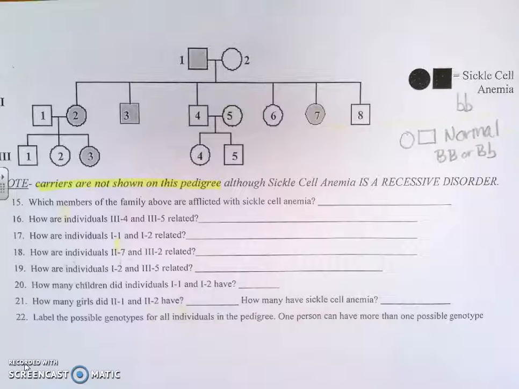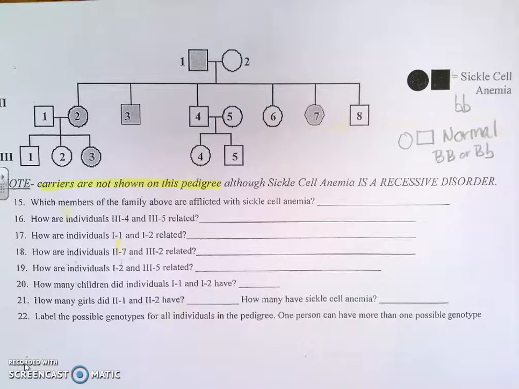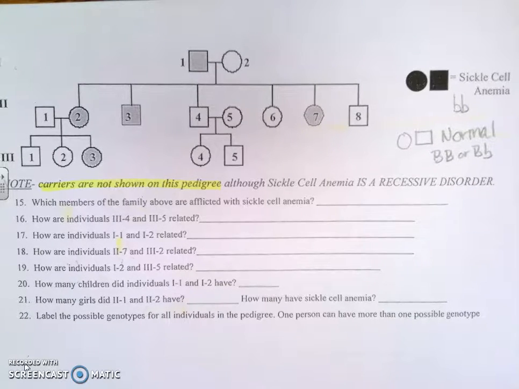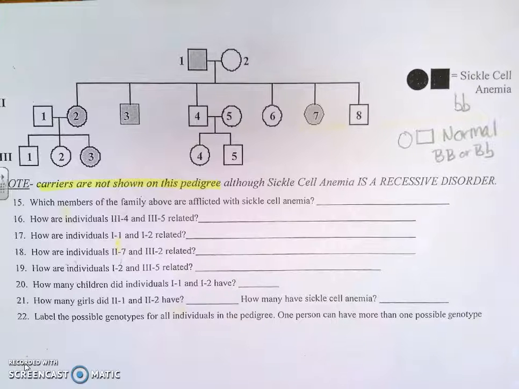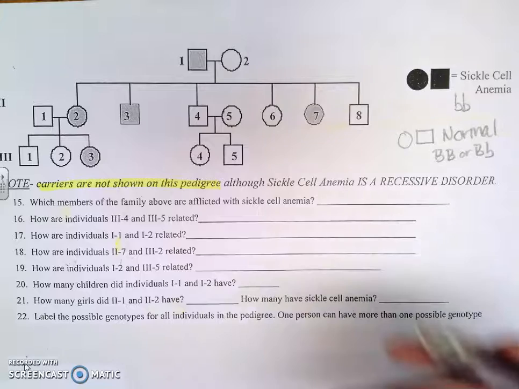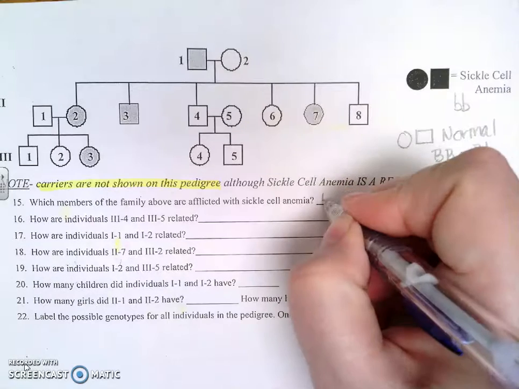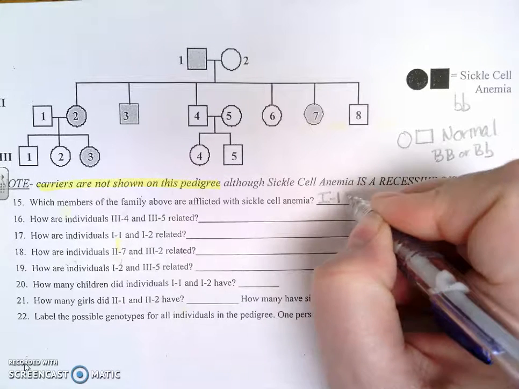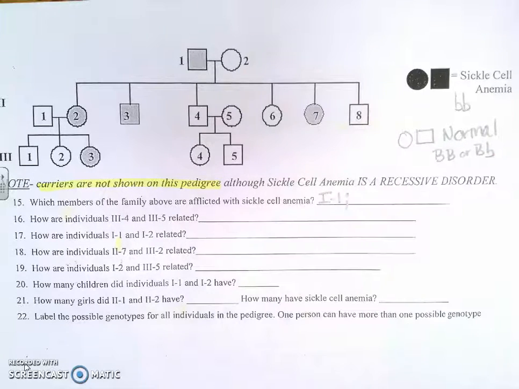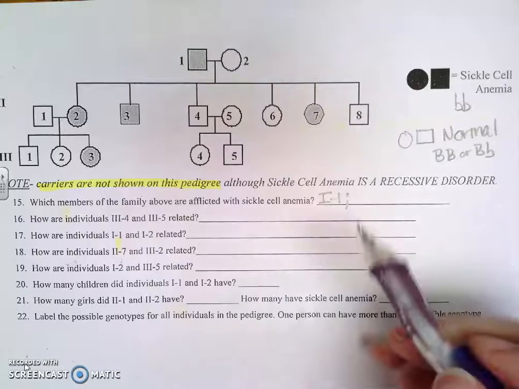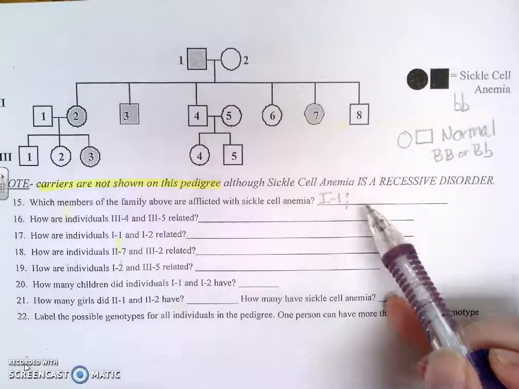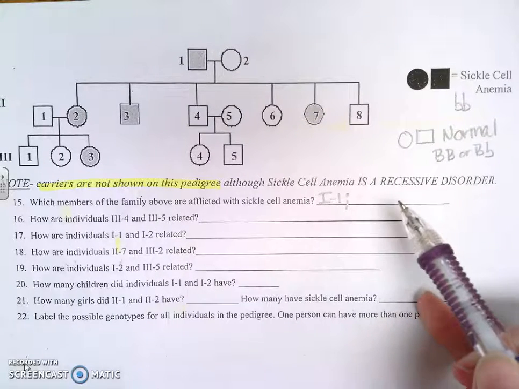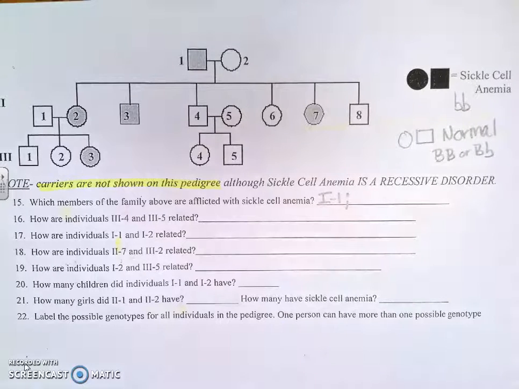So I'm going to give you a hint for number 15. It wants to know which members of the family are afflicted with sickle cell anemia. Guys, did they name them Bob, Jim, or Mary? No. So you have to give it to them the way a geneticist would. So it would be generation 1, subject 1. And if there's nobody else in that generation, you end that generation with a semicolon, and then you begin with generation 2, generation 3, generation 4, and so on.